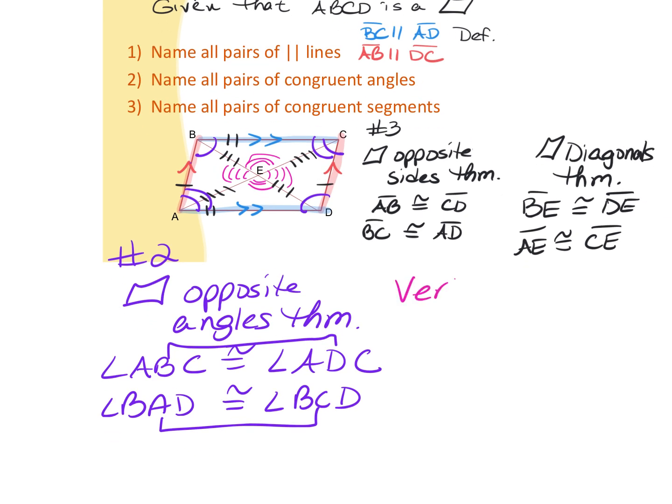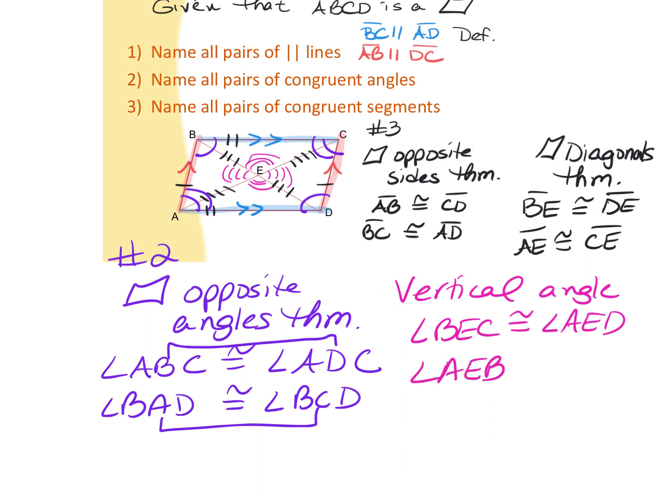The vertical angles around that midpoint E: I can state that angle BEC is congruent to angle AED. And then the ones on the sides, AEB is congruent to DEC. Now I'm going to redraw the picture for the alternate interior angles.